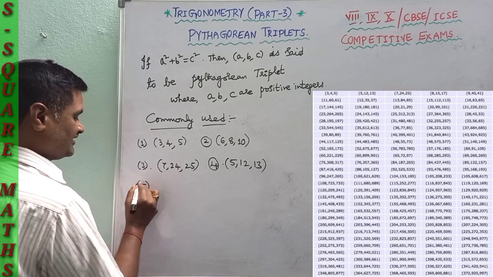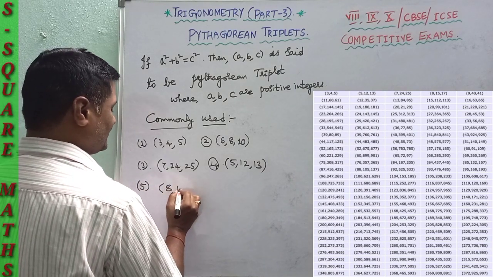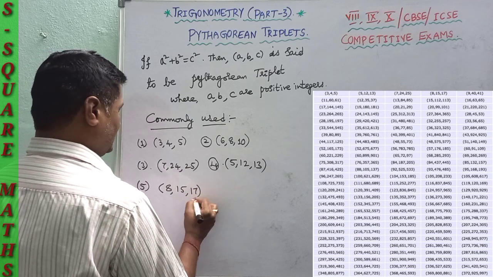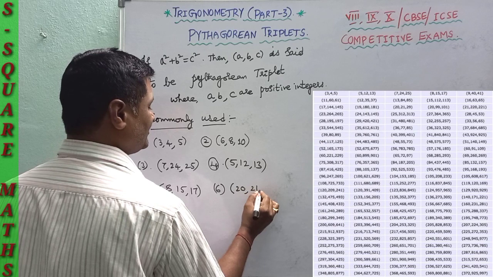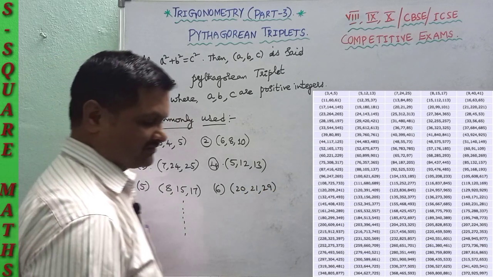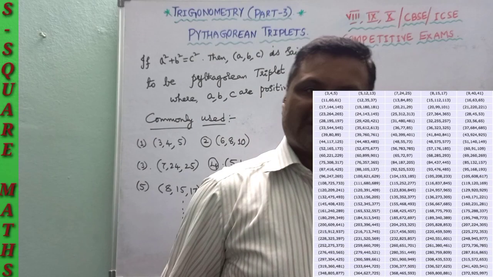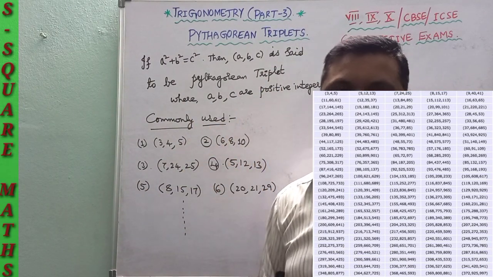The fifth one is 8, 15, 17. And the last here is 20, 21, 29. So on, you will get many. So let us check whether they all hold good or not.